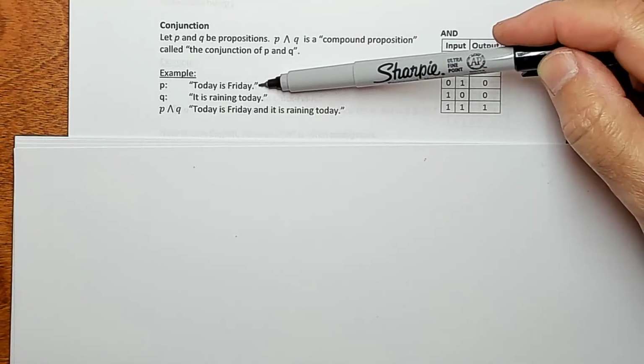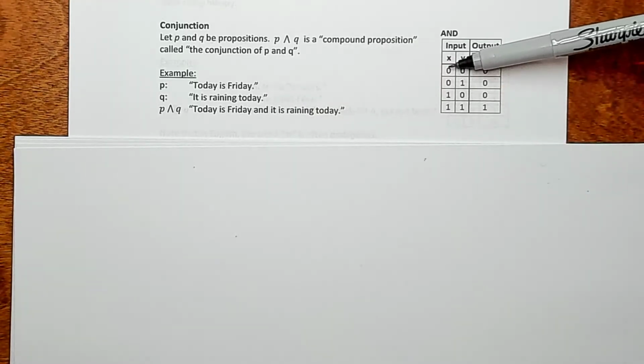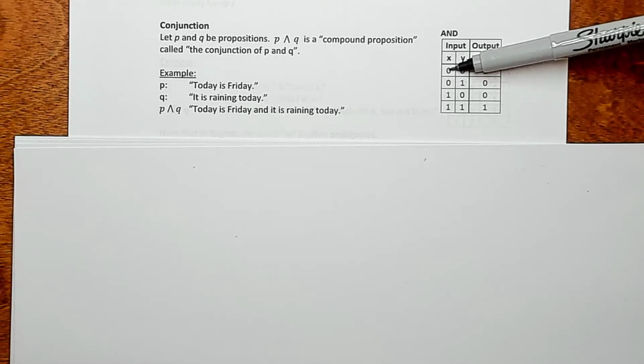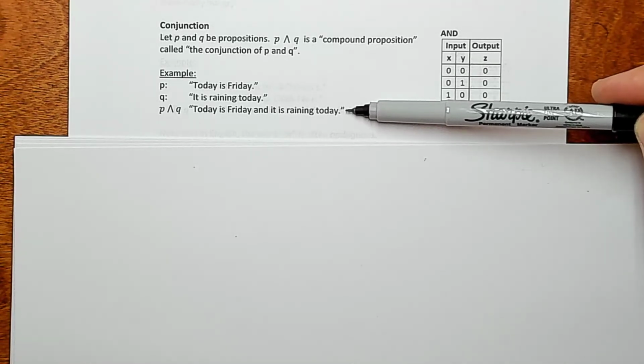Like right now when I'm recording this, it's Saturday. So this is false, and it happens to not be raining. So this is the situation today right now as I record this. It's not Friday, and it's not raining. So the compound statement is also false. So if I said to you, today is Friday and it's raining today, I'm lying.